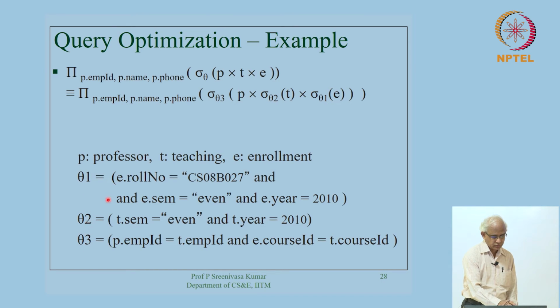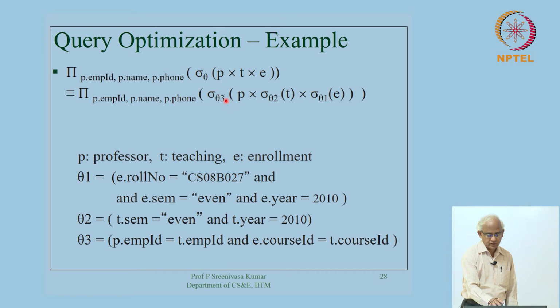So theta 1, theta 2, theta 3, I have broken down the same thing into this one. Now after having done that, we know that if this is a conjunction, then I can apply the selections in any order. So I can now write this as theta 1 and theta 2 and theta 3.